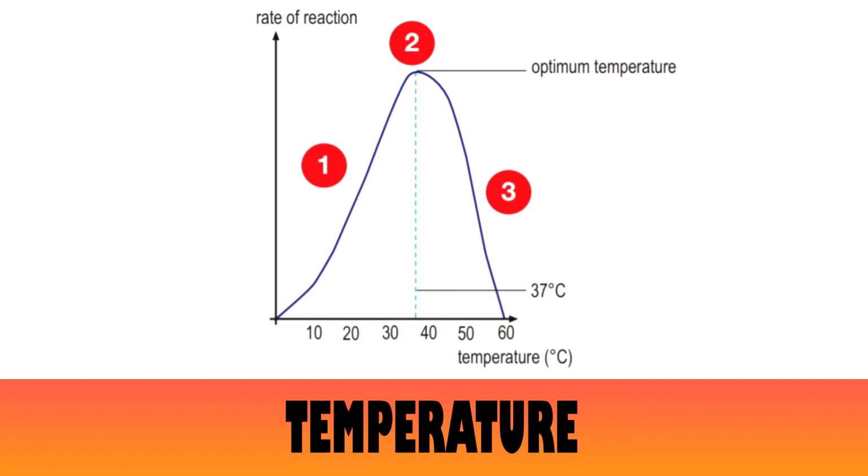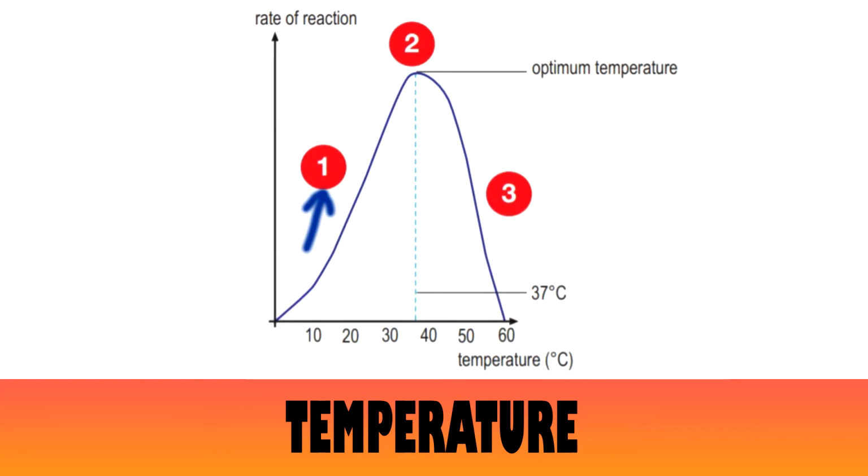In this figure, it shows the effect of temperature on the rate of biochemical reaction that is controlled by enzyme. As you can see, at low temperature, the rate of reaction catalyzed by enzyme is low. When the temperature rises, the kinetic energy of the substrate molecule and enzyme also increases.